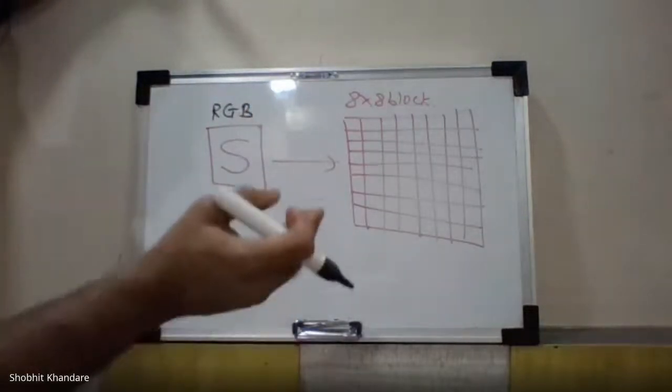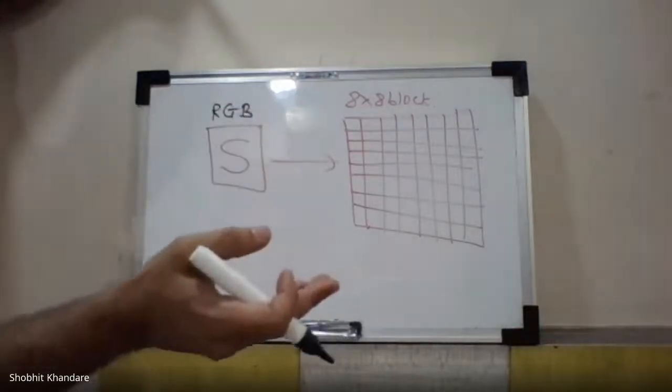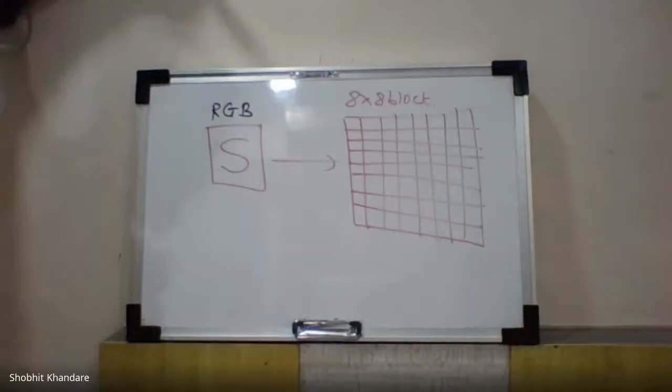You know that whatever color you want, you can combine these three important basic colors to get that particular color. So the RGB image has to be converted.